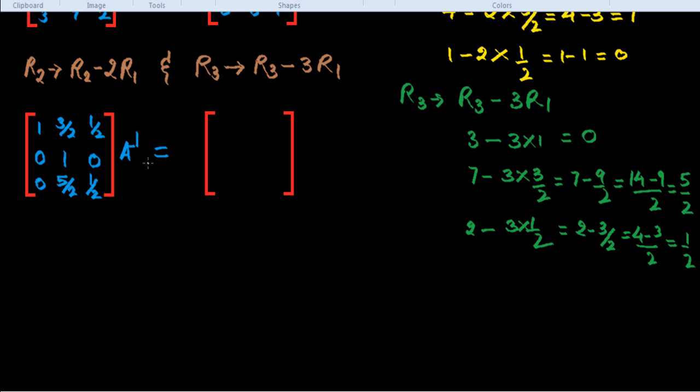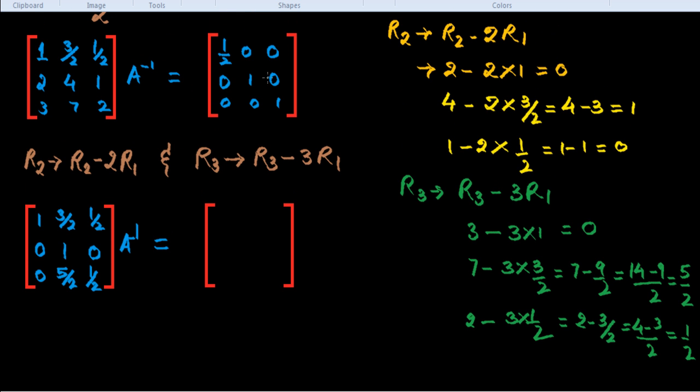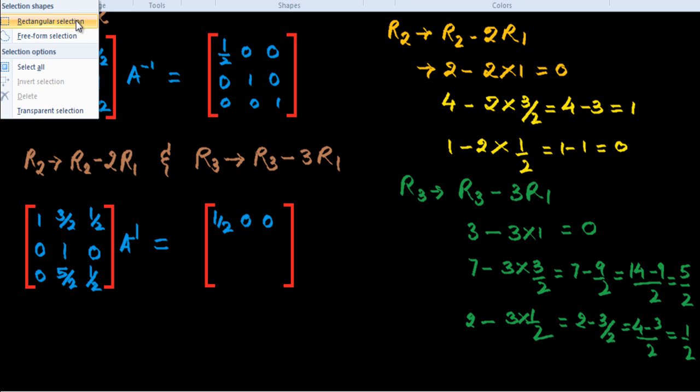A inverse is equal to, it is now the first row, there is no transformation, so we will write as it is. So 1 by 2, 0, 0. Here you see, first I remove this.